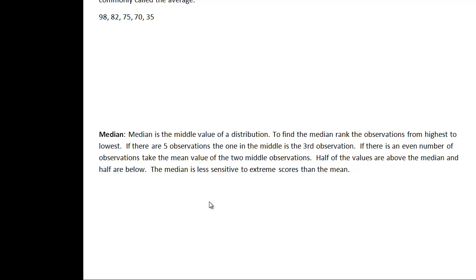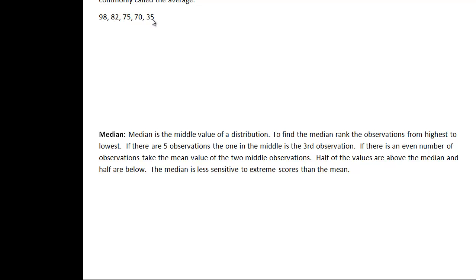And so up here you'll notice I have 5, let's say, grades. One student got a 98, the other one 82. The middle one got a 75, so as we'll see in a second, that's going to be our median. Then a student got a 70 and a 35. Just before we calculate this, I can tell the one in the middle is the median.